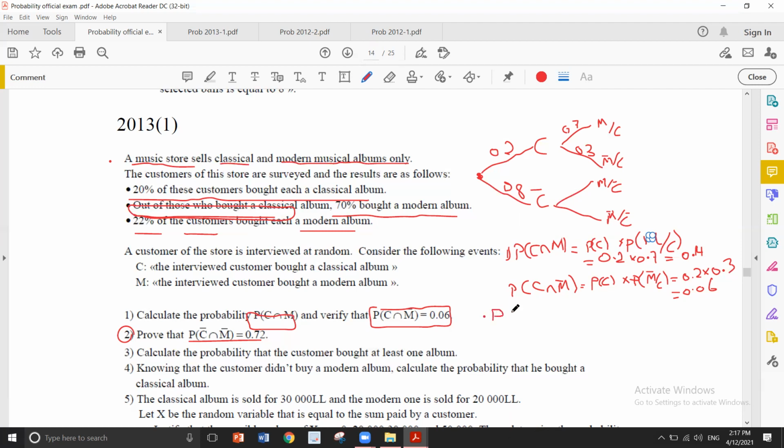Probability of M bar equals probability of C intersection M bar plus probability of C bar intersection M bar.